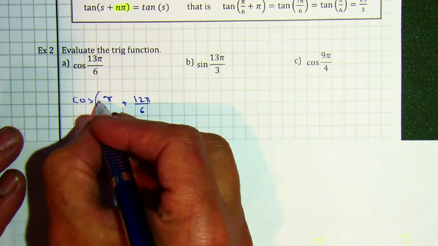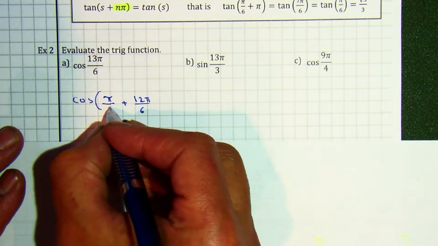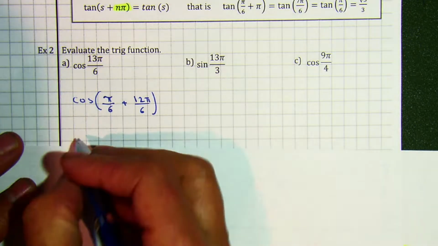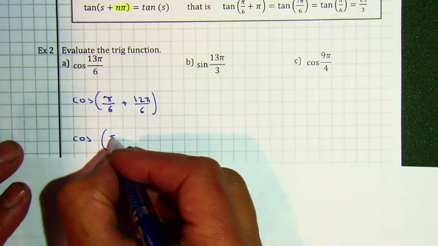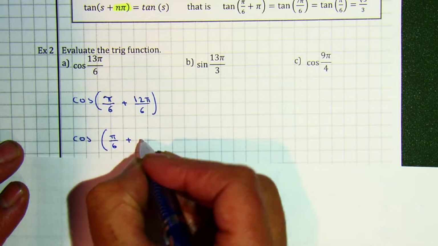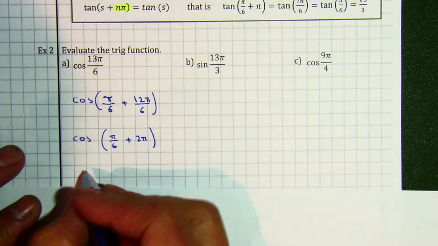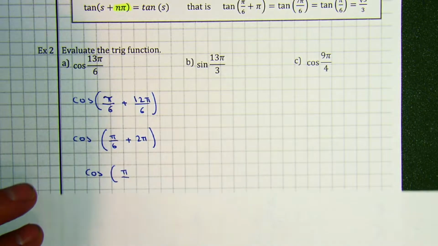So how many more 6s do I need to get to 13? I need one more, correct? So therefore, the cosine of pi over 6 plus 2 pi should be the same as the cosine of pi over 6.